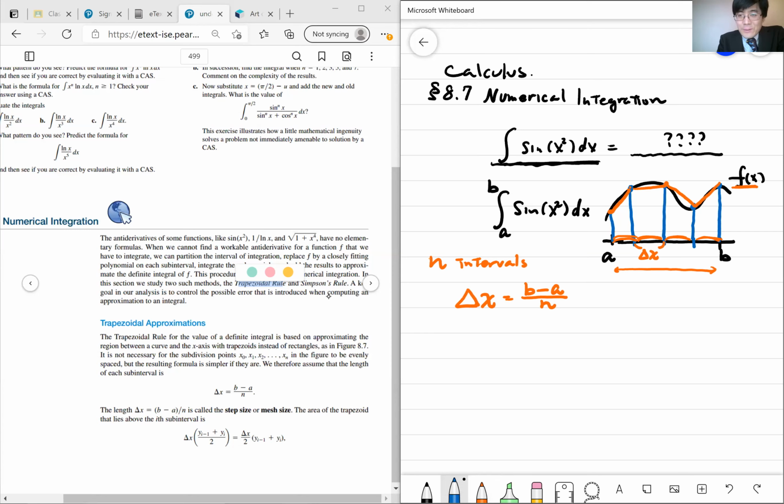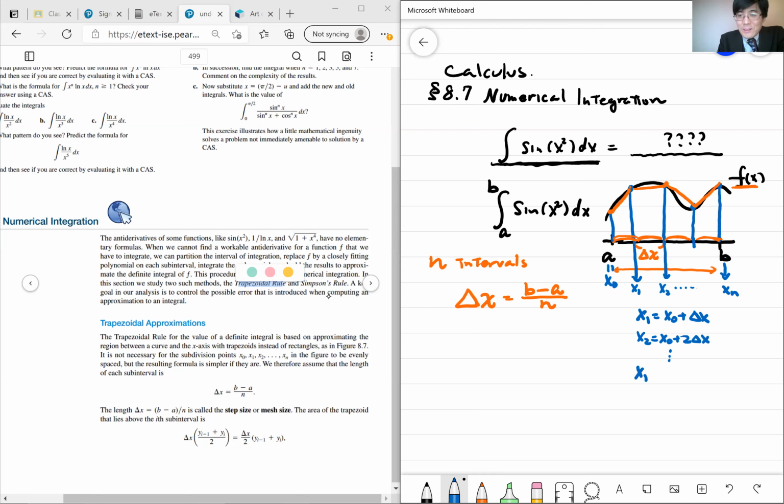Let's give the values a sequence where the first point a is equal to x naught, the next stop point is x1, the next is x2, and so on, and the last one is going to be xn. So x1 is equal to x naught plus delta x, x2 means x naught plus 2 times delta x, and so on.